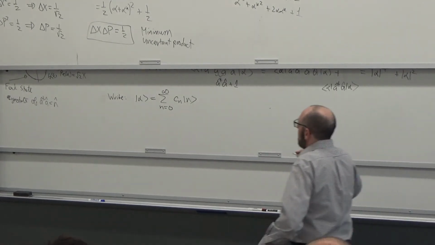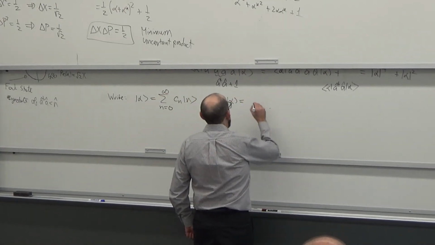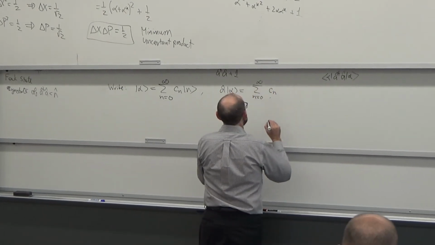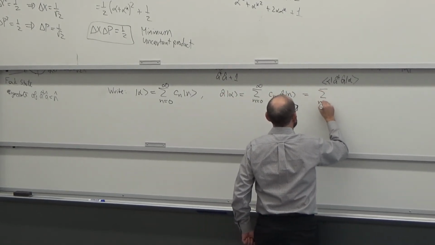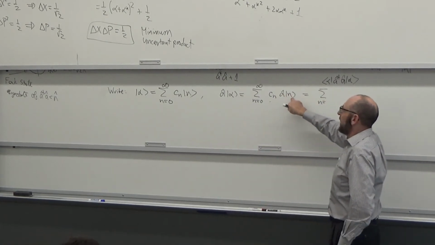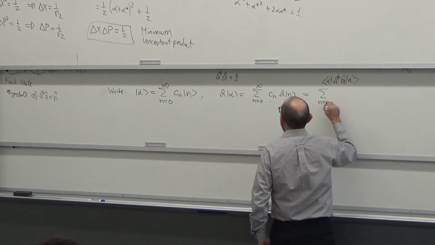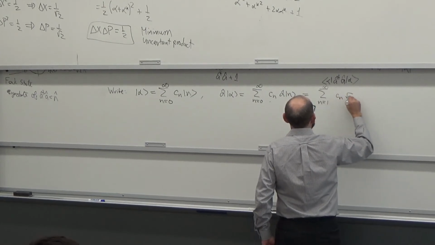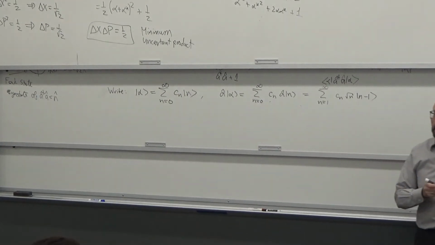So let's just apply the annihilation operator to this, and I get, so what is this when it acts on that? Square root of n times n minus 1, right? And I only have to start counting from 1 because the one at 0 is annihilated, okay?